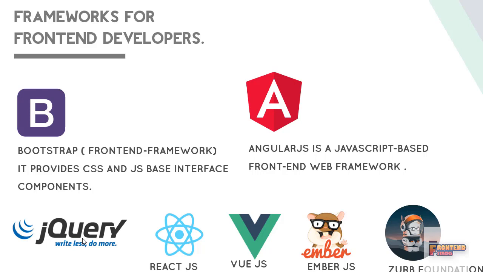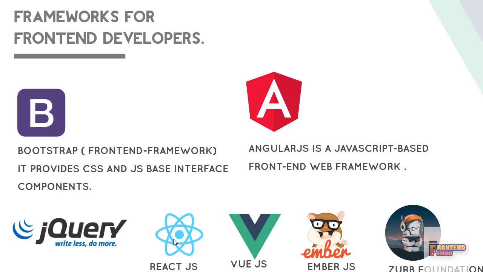A library is not a framework. A library solves a certain part of a programming language like JavaScript. With jQuery, the motto is write less, do more, so it helps you write JavaScript fast and efficiently.